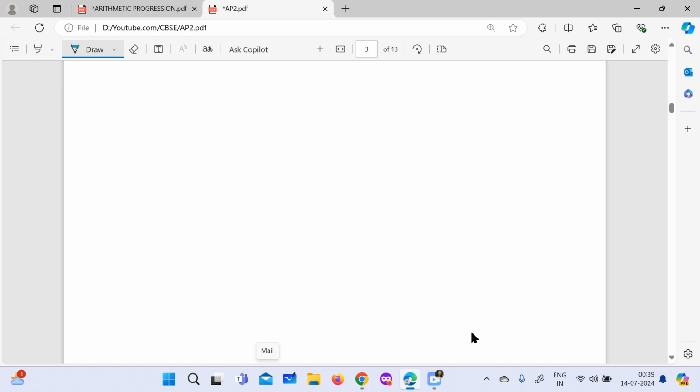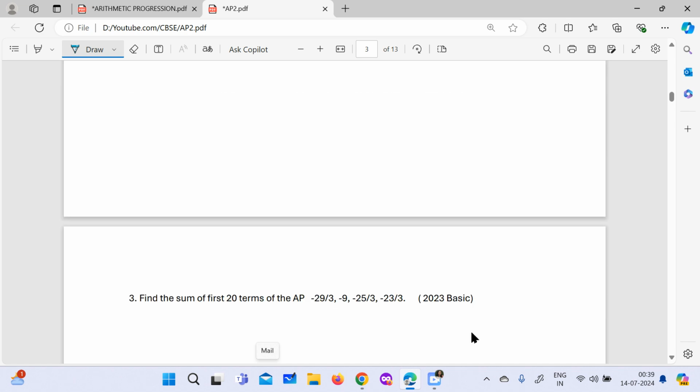Now, the next question. Question number 3. Find the sum of first 20 terms of the AP minus 29 over 3, minus 9, minus 25 over 3, minus 23 over 3.